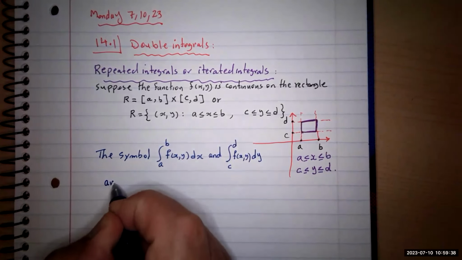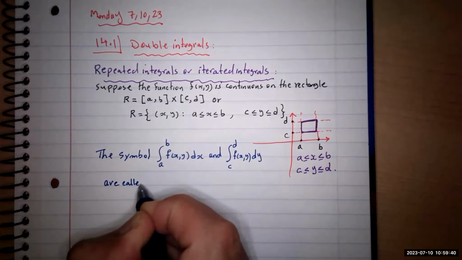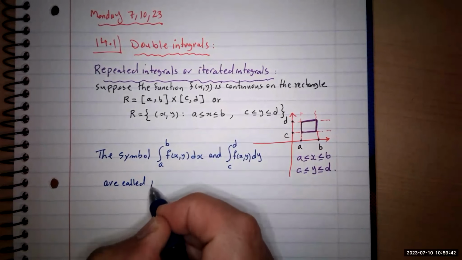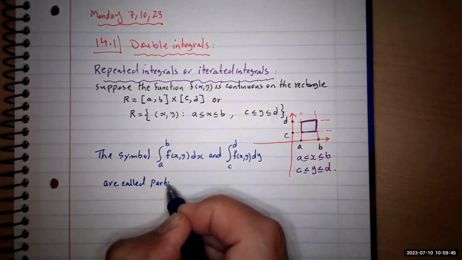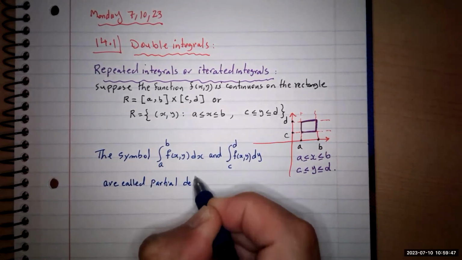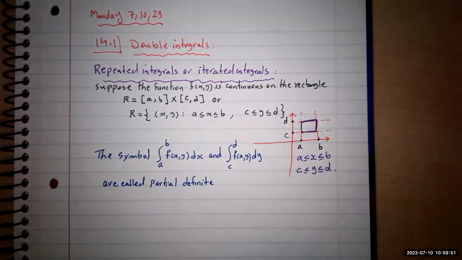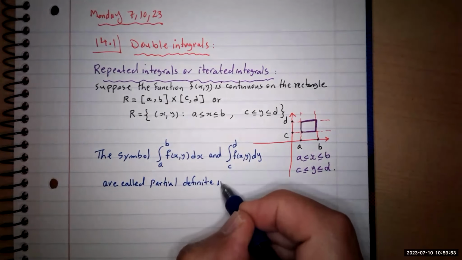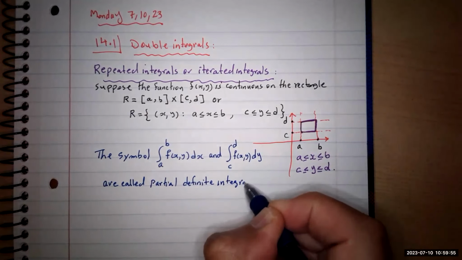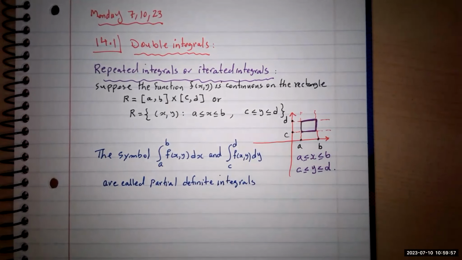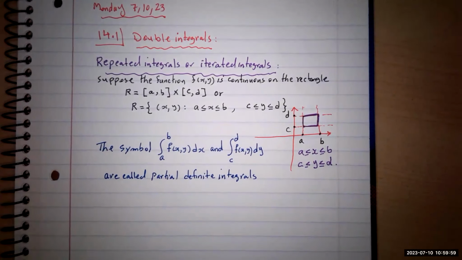These are called partial definite integrals, like the partial derivative this time. You know that they are definite integrals because we go from A to B. Now, again, when we do this one, we freeze the x.